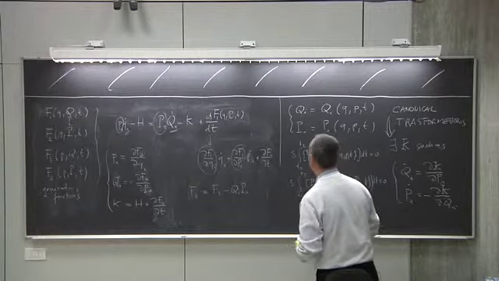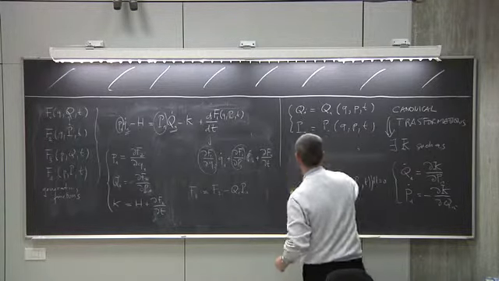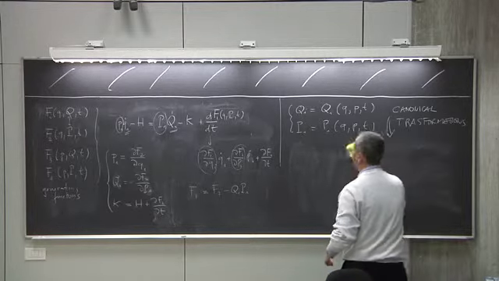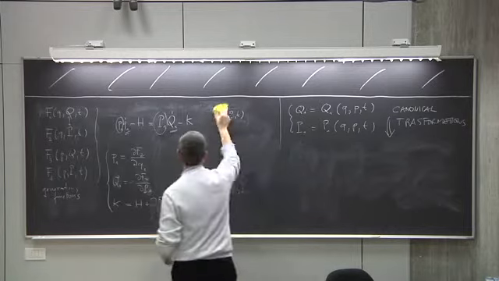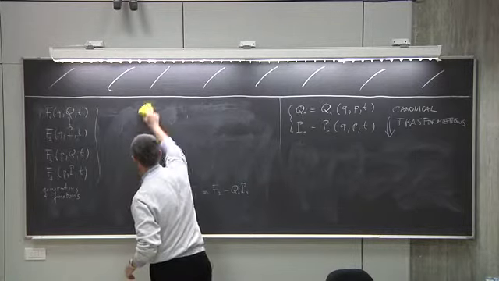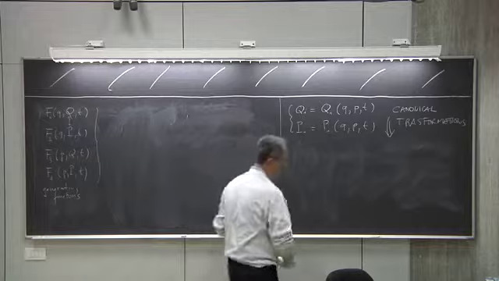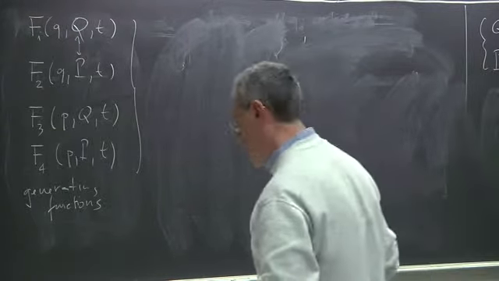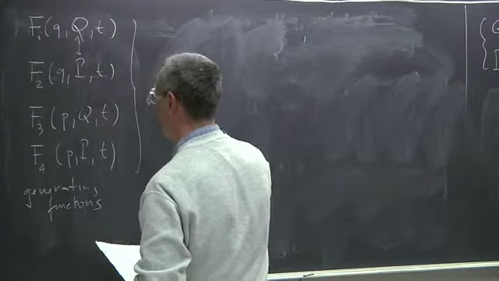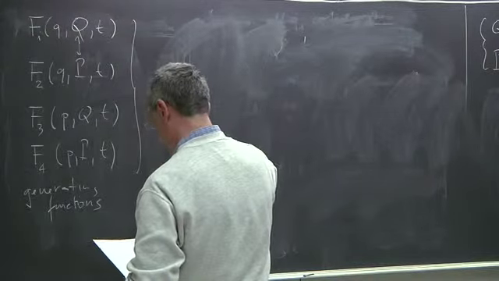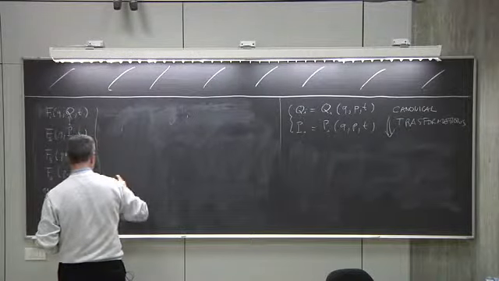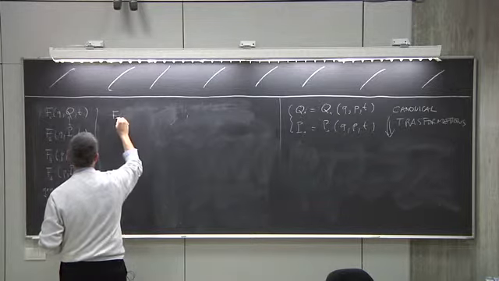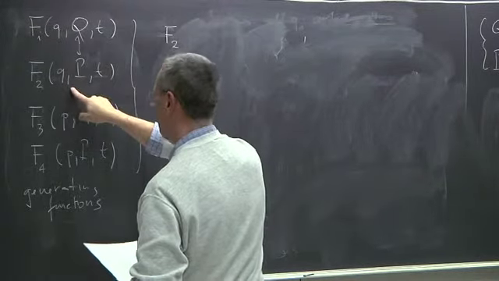Let's just study some simple examples of this canonical transformation so that you get some feeling for how they work. Let's take the simplest example, for instance. Take a generating function of the kind f2.